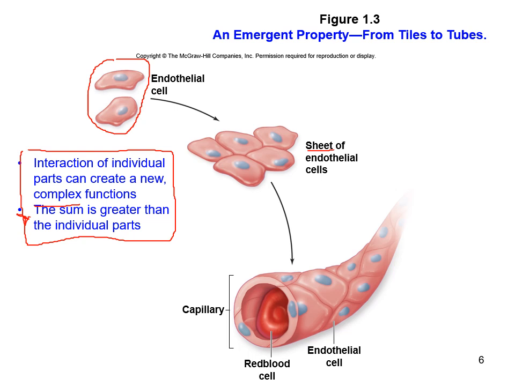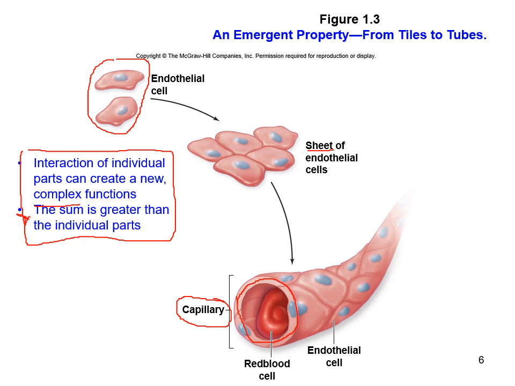We're going to keep growing, and eventually the sheet of cells will get so large and complex that it will fold over and create the appearance of a little cylinder. And your body can now use this more complex structure for a very great function. In this instance, it's going to use it to transport our blood cells.